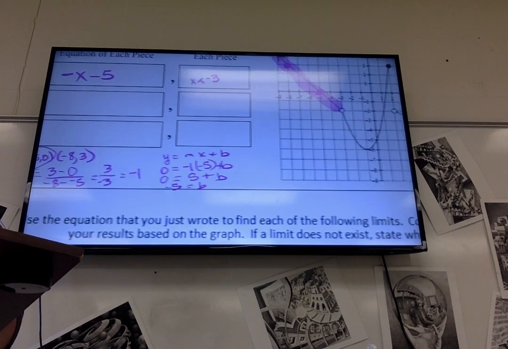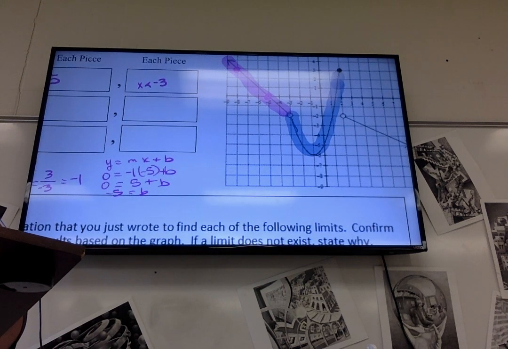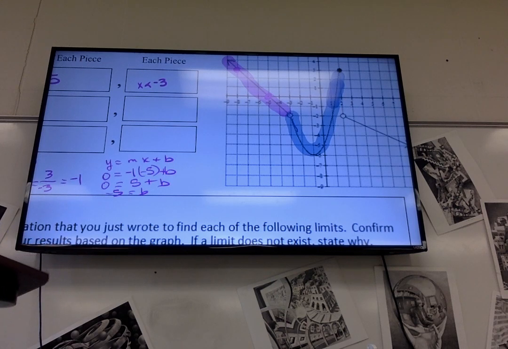Okay, so the next one, I'm going to pick blue. Let's talk about the constraints first. It lies between some things, between a left and a right. You with me, Faith? Mm-hmm.